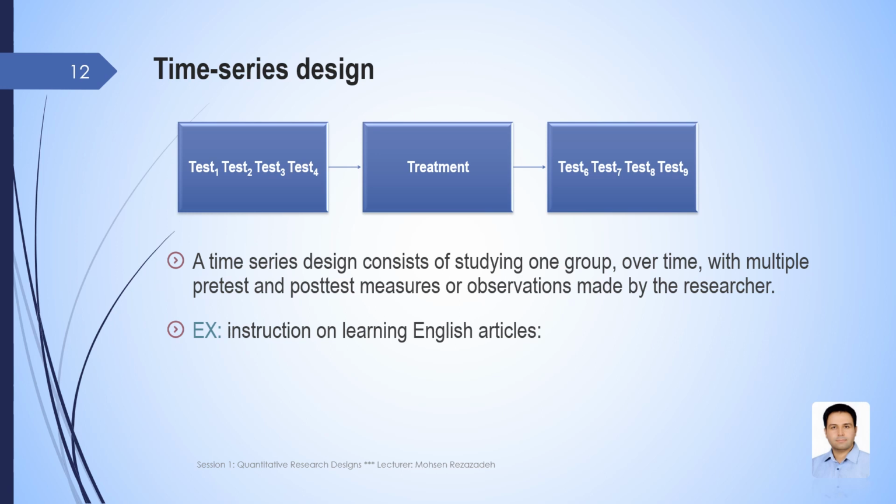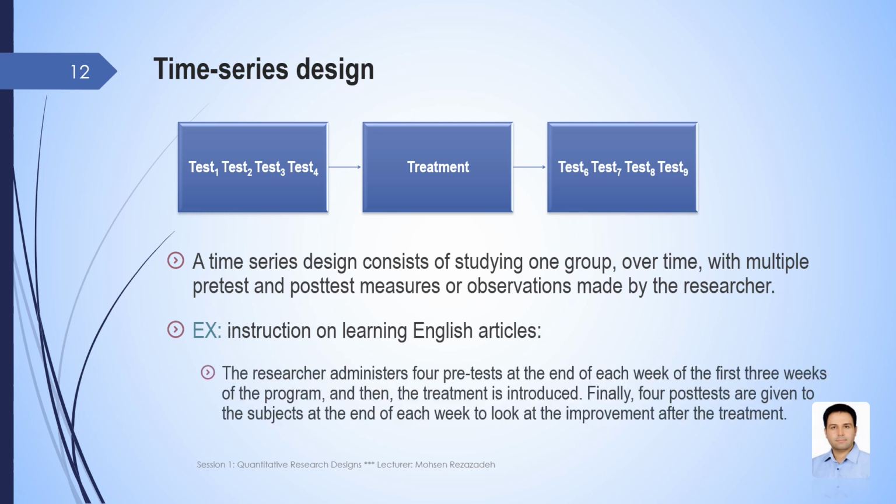First thing to say is that we only need one group of students. Okay, then we administer, for example, 4 pre-tests of English articles at the beginning of the course, maybe in the first 3 weeks of the program.